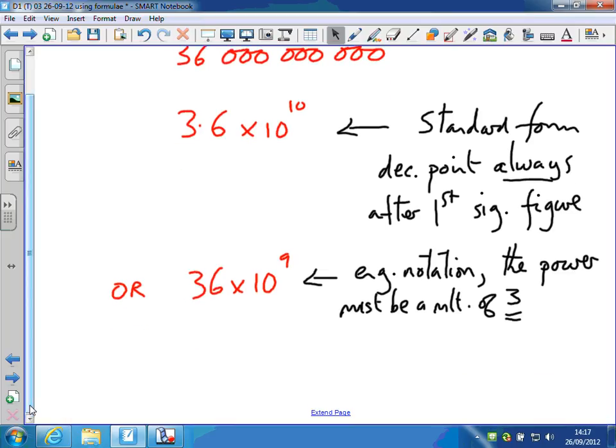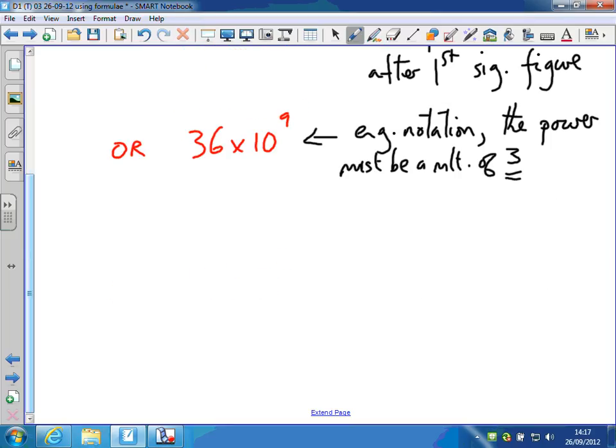And because the decimal point is not fixed in engineering notation, we've got a choice. It could be any multiple of 3. So I could equally write it as 36,000 times 10 to the 6, yes. And I might want to do that.